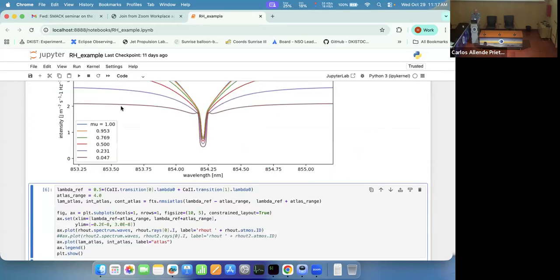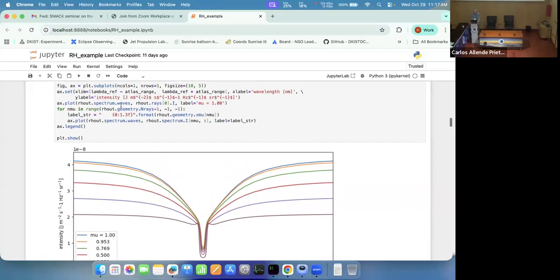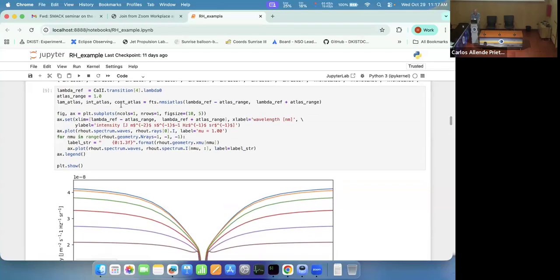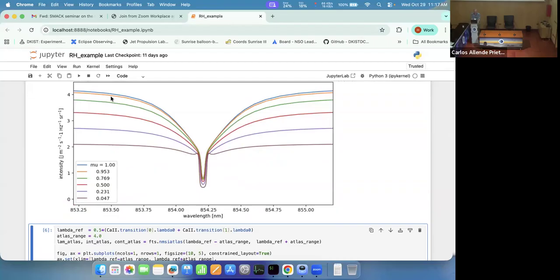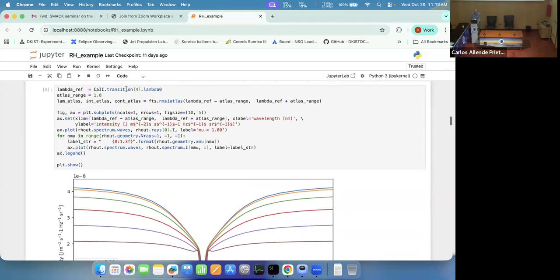Then if you wanted to plot the intensity for the different mu angles, you see that I have here the different mu angles that are the zero points of the Gauss-Legendre in angular distribution. And I also read in the center intensity here in blue.